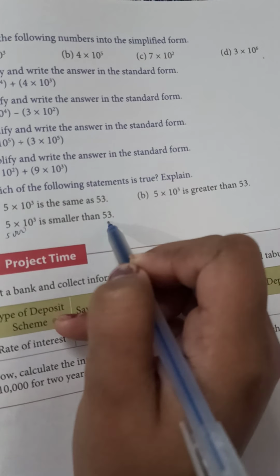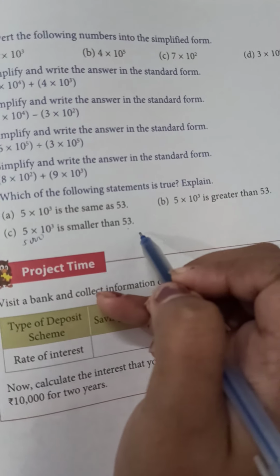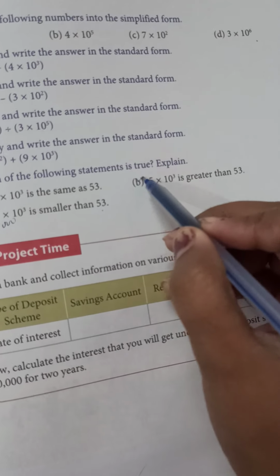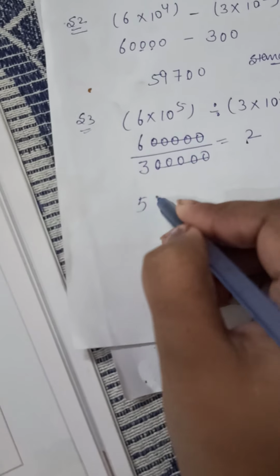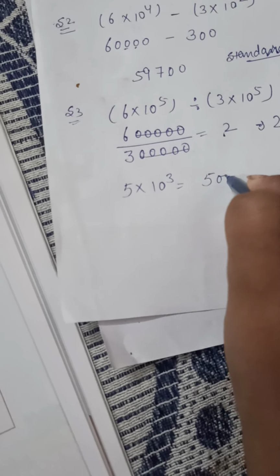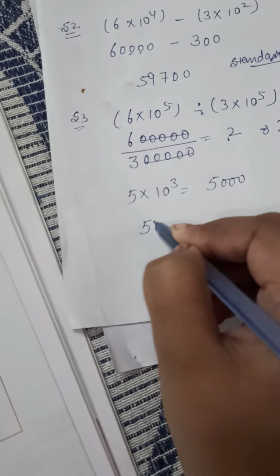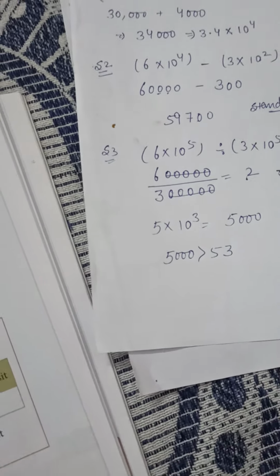It's not smaller than 53. So बच्चे 5000 so bigger than greater than 53 होता है. It means statement B is correct. And explain. Because 5 multiply with 10 to the power 3 equals to 5000 and 5000 is greater than 53.